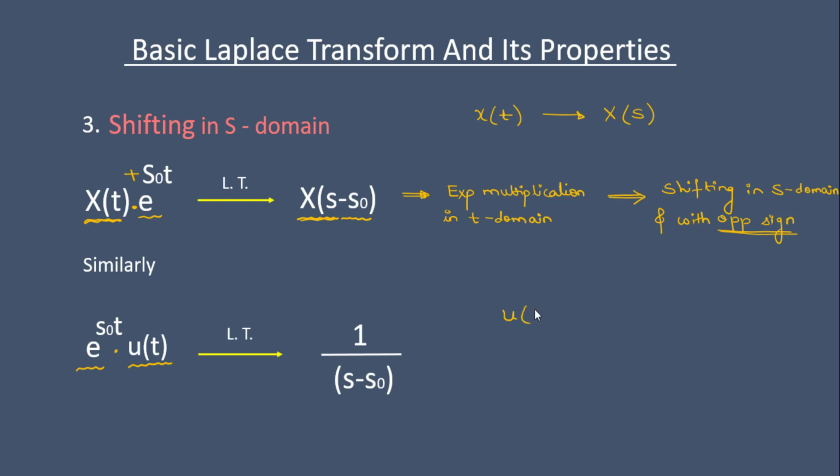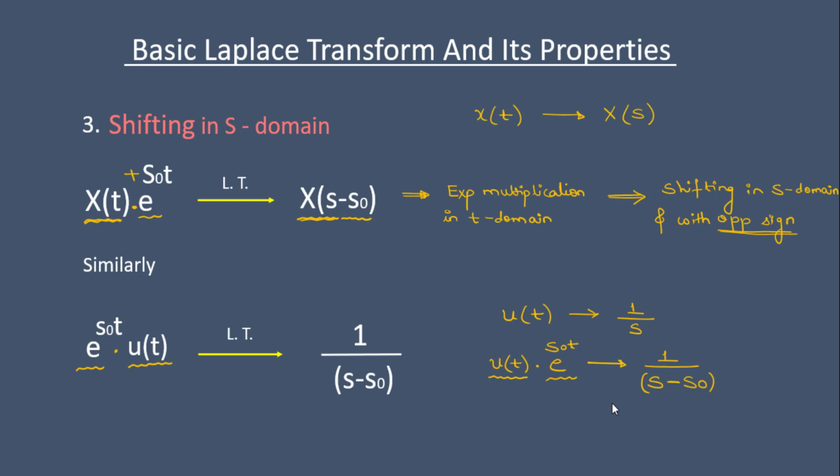We know the Laplace transform of u of t is 1 by s, and u of t is multiplied by e raised to s naught t. Exponential multiplication in time domain results in shifting in s domain with opposite sign. Here the sign of s naught is positive, but here it will be negative of s naught. So this was again the basic property of shifting in s domain.